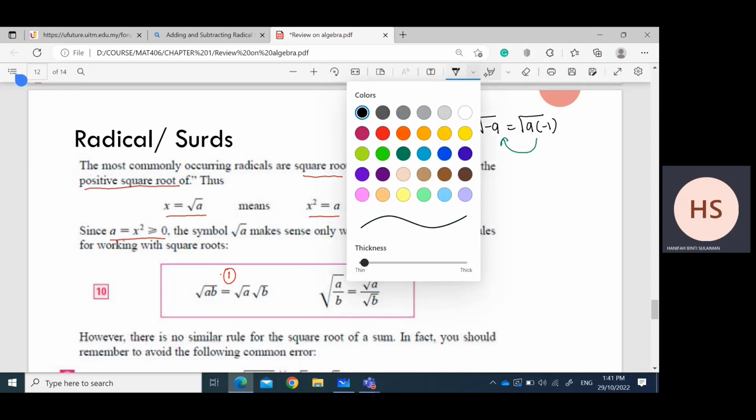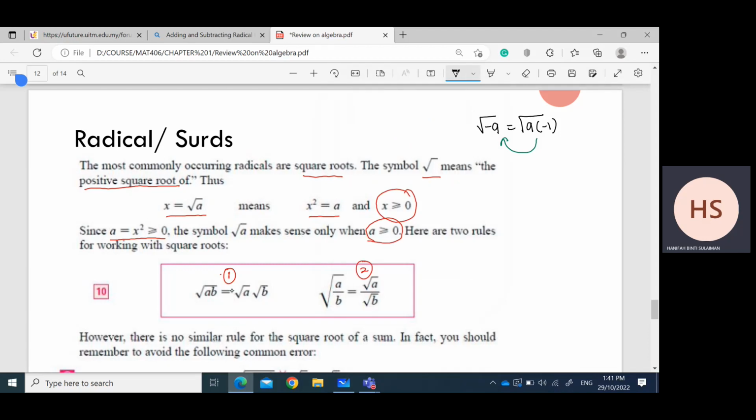Okay, so based on root number 1, which is square root of AB, it is equivalent to square root of A times square root of B. For this case, it is equivalent to square root of A times square root of negative 1. Okay, so the problem here is the square root of negative 1. As you know, the square root of negative 1 is an imaginary or complex number.